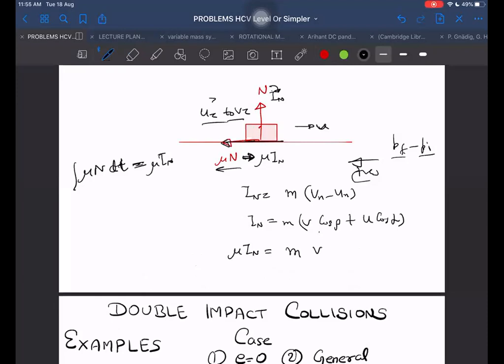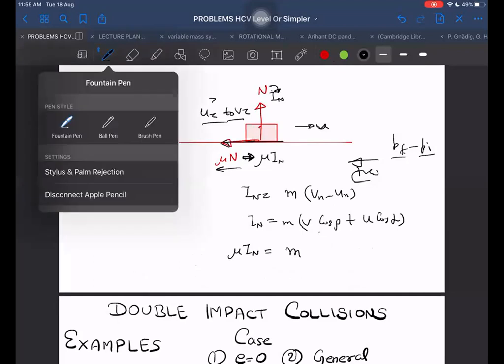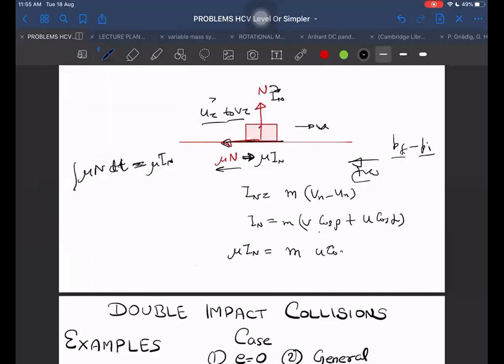It is not v sin beta minus u sin alpha, but the opposite of that, because I know speed is reduced in this. So initial was more: u sin alpha was more and v sin beta became less. So more minus less gives us the magnitude. So the magnitude of the impulse is equal to the magnitude of the change in momentum. We can write this here also directly. Understood? Right.